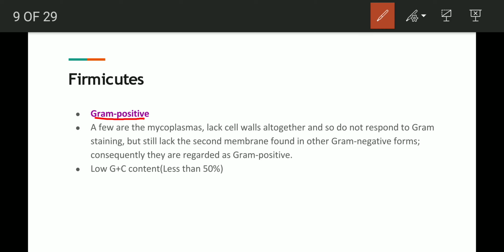Some of them have a cell wall that lacks lipopolysaccharide, which will not give it a gram negative stain, and hence they are regarded as gram positive. These Firmicutes are low G plus C content, that is the G plus C content is less than 50%.